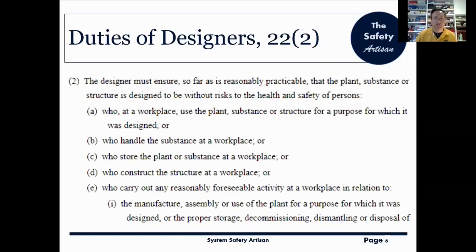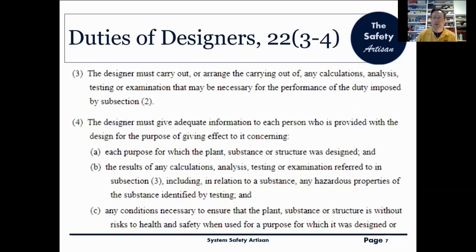So section 4 does actually say this applies to section 2 brackets, A to E, but we ran out of space on the page. So the designer's got to provide basically all the information necessary for people to use the stuff and for the life cycle of whatever it is from cradle to grave.